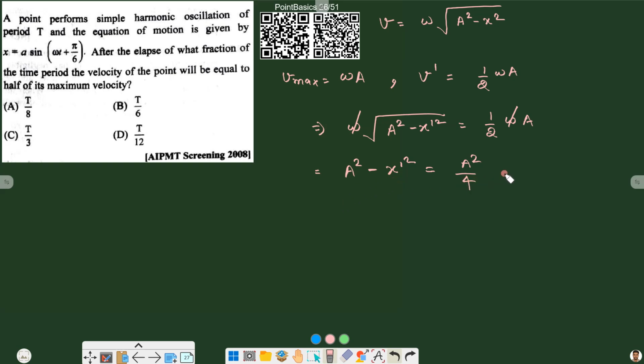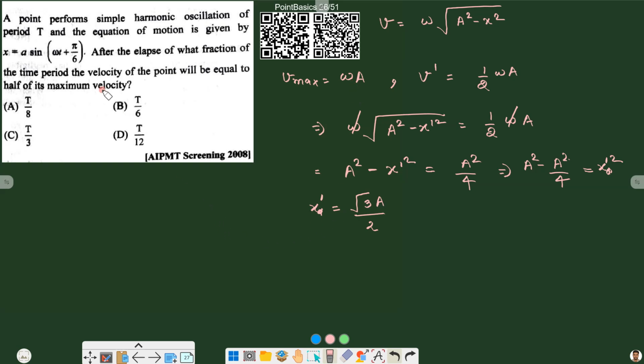From here, a square minus a square by 4 is equal to x dash square, and x dash is equal to root 3 a by 2. So we got the value of displacement at which the velocity will be half of the maximum value.